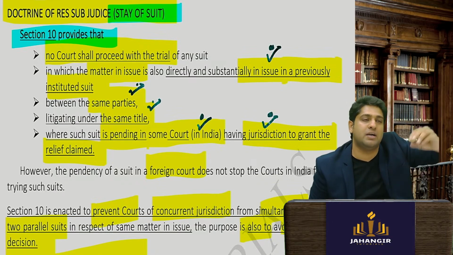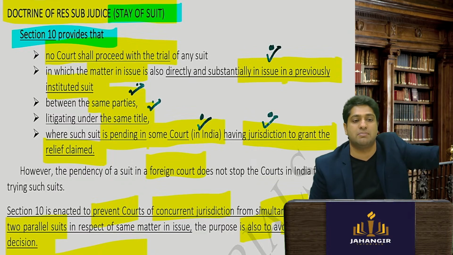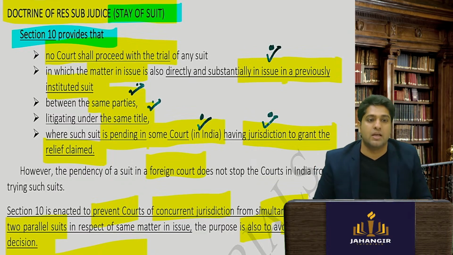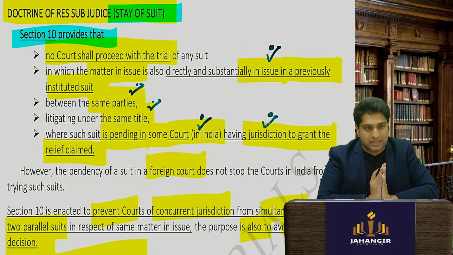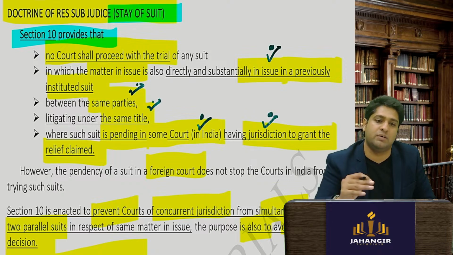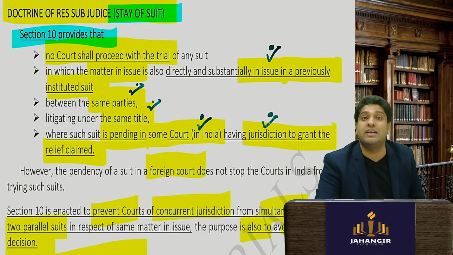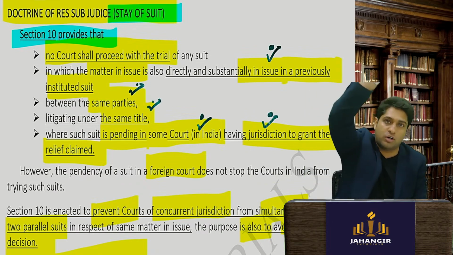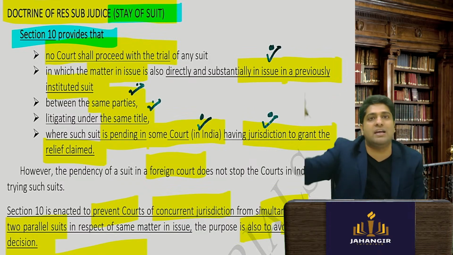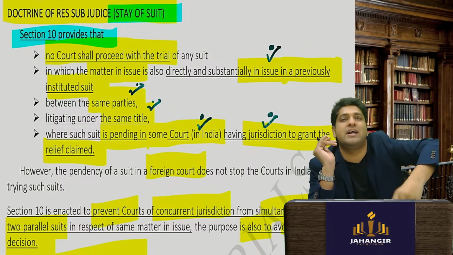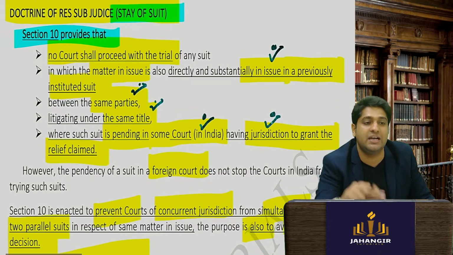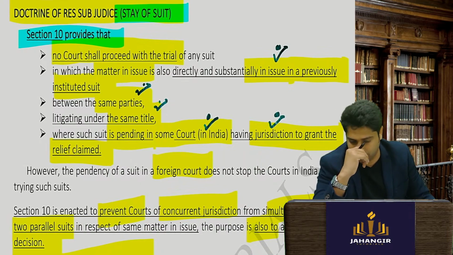That is, the plaintiff and defendant are the same and the subject matter is also the same, in another court in India. Then the second court should not proceed with the trial. Note that it says in India. So if a case is pending in a foreign court, we can take up the matter in India. If one case is ongoing in the USA, the same subject matter can be filed in India. That is allowed. But in India, two cases cannot be filed.